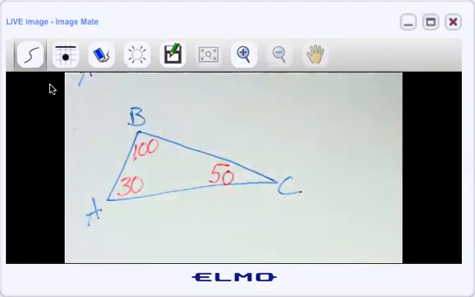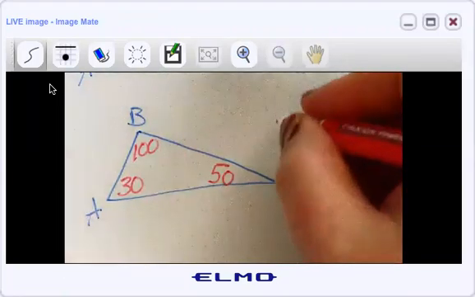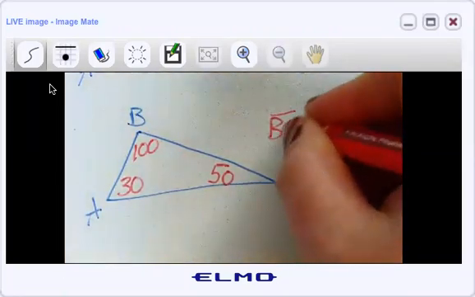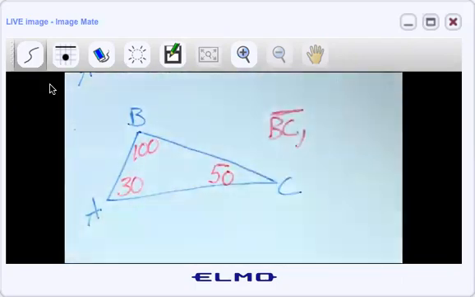All right, so now that I have all 3 angles, I want the smallest side. Tell me what the smallest side is. BC. Yes, BC. It's across from the smallest angle. So I start off with BC, and then who comes next, Mark?